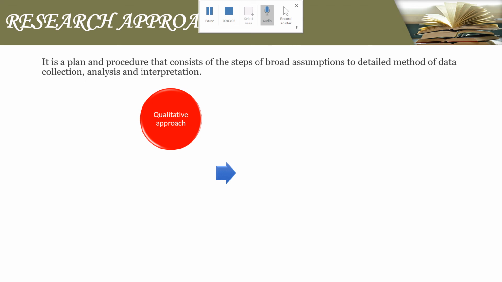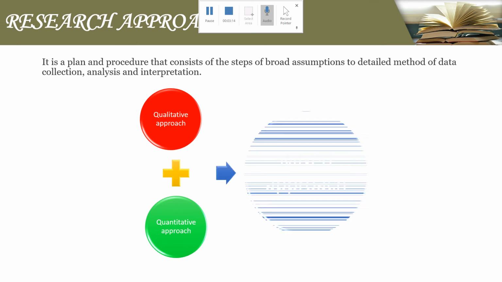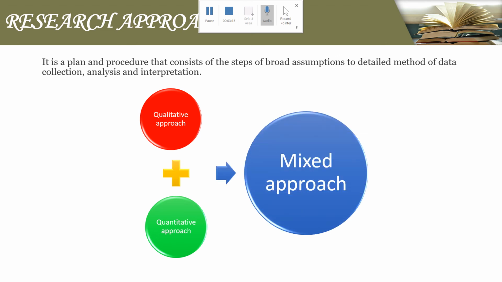We have the qualitative approach, then we have the quantitative approach, whereas the combination of these two gives birth to what is known as the mixed approach. We are going to take them one after the other in a subsequent description and interpretation.